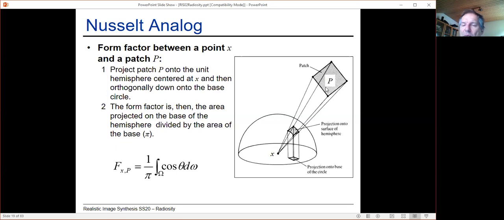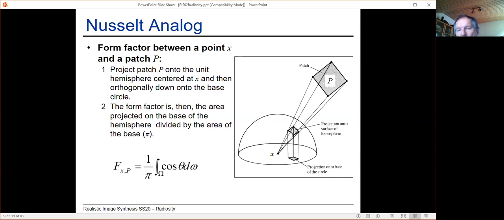So we take patch P, and we project it onto the unit sphere surface. So essentially exactly as we compute the differential solid angle. The surface area of this patch would be the differential solid angle, as we learned in the first lecture. And now we can project this projection of P on the sphere onto the base of the circle. And this projection on the base, what is depicted in this slide, is exactly the form factor.